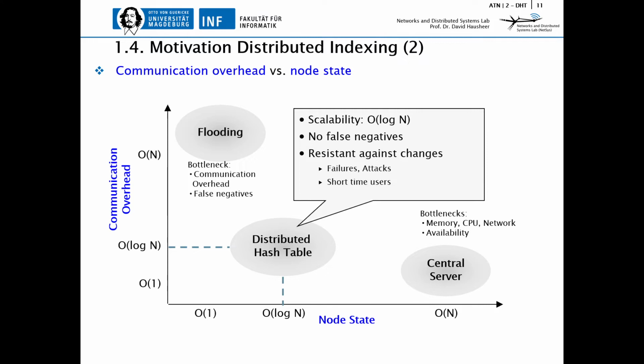There are no false negatives. We'll see later what that exactly means. And distributed hash tables are also resistant against changes. That means, for example, failures in the network or attacks against the system, and also short-time users that quickly join and leave the system again typically don't create a huge impact on DHTs.